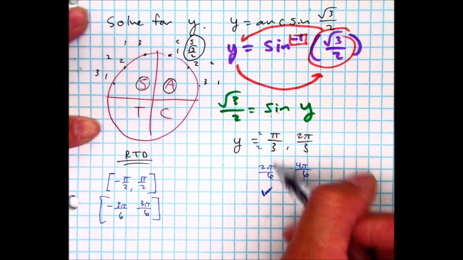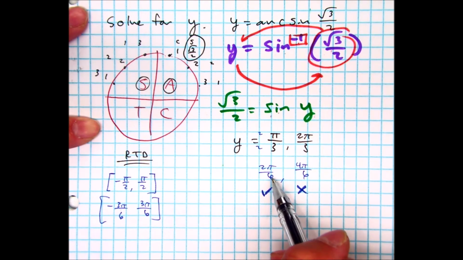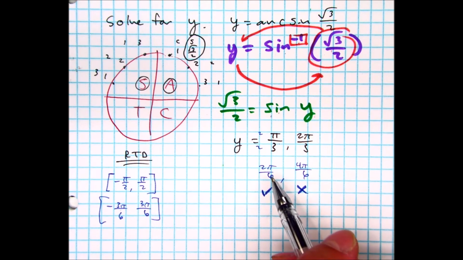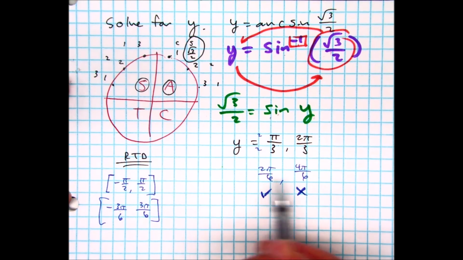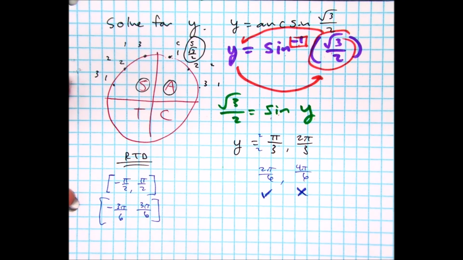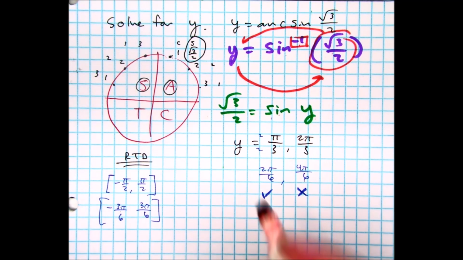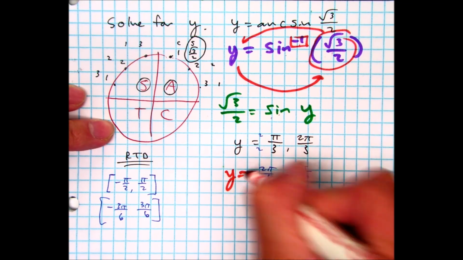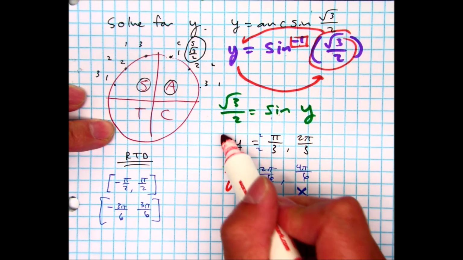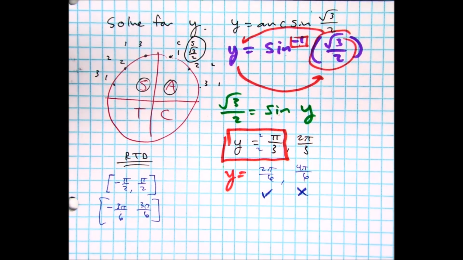You can add, in our case, 12 pi over 6 or subtract 12 pi over 6 because coterminal angles are the same position, just a full rotation within that same position. Does that make sense? So if these are both not within here, then you can use coterminal angles. Therefore, the angle that we're looking for is pi over 3.